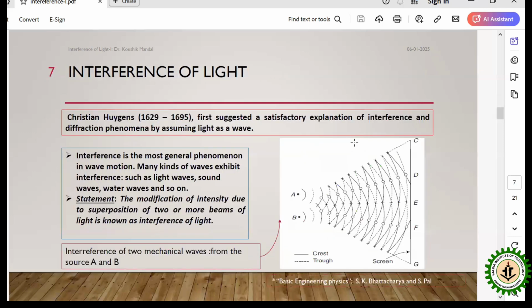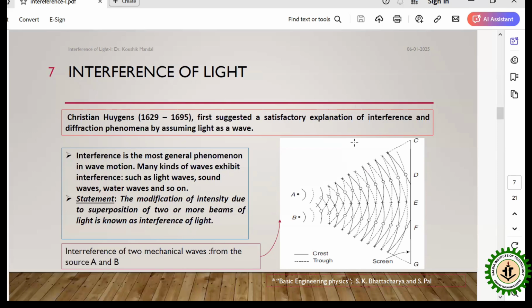Now, interference of light. Before that, there was a debate: is light a wave or a particle? Corpuscular theory, if you know. But Christian Huygens first suggested a satisfactory explanation of interference and diffraction phenomena by assuming light as a wave.